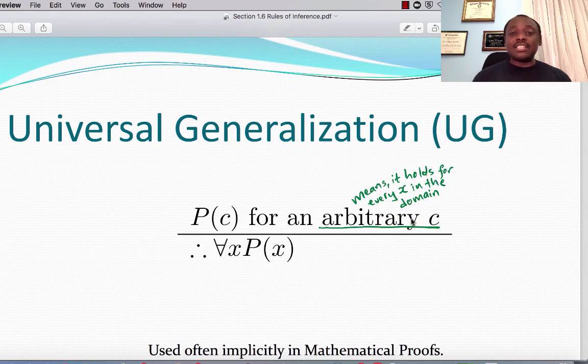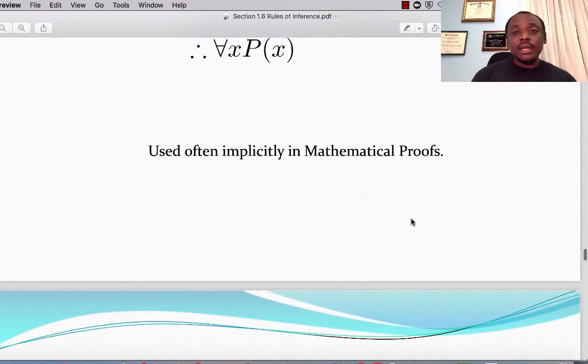If I pick any C, P of C is true, of course from the domain that I'm interested in, then I can conclude that P of X is true for every X in the domain. That is known as universal generalization, UG. And again, as I mentioned before, we shall use this implicitly in mathematical proofs. We shall see that in sections 1.7 and 1.8.